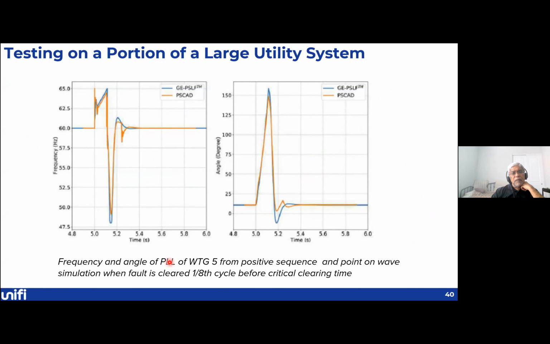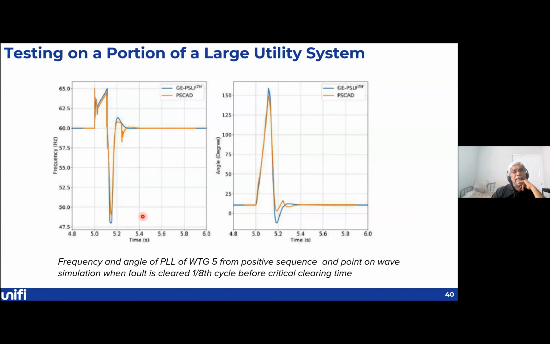They have looked at the frequency and angle of the phase lock loop of a particular turbine generator from the positive sequence model and point on wave simulation when the fault is cleared 1/8 cycle before critical clearing time. That means the system is stable here.